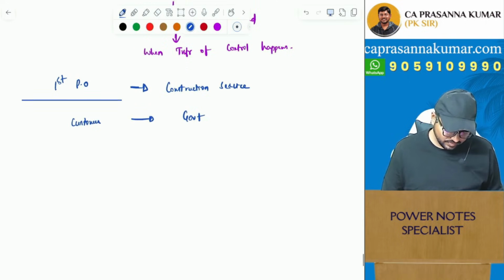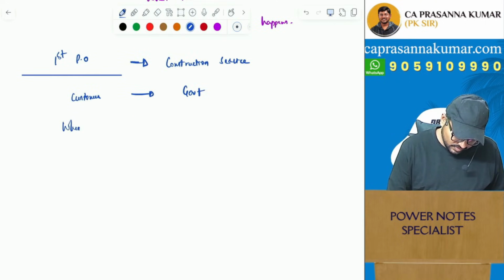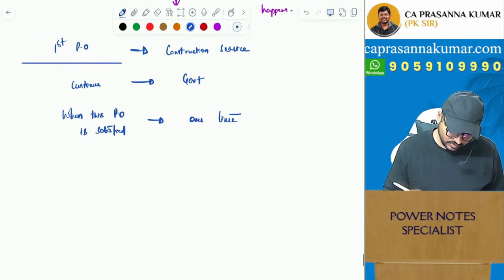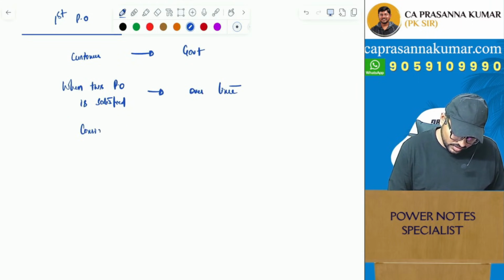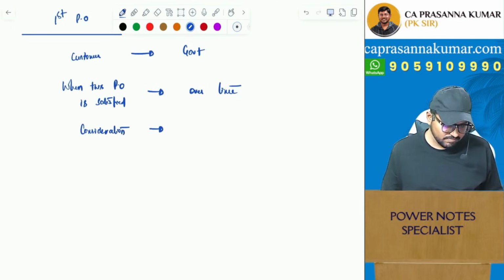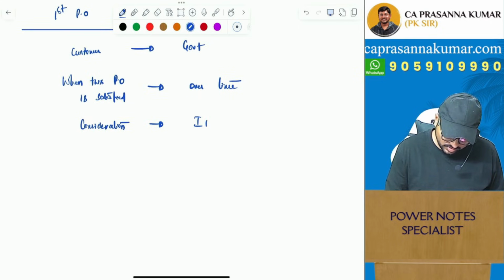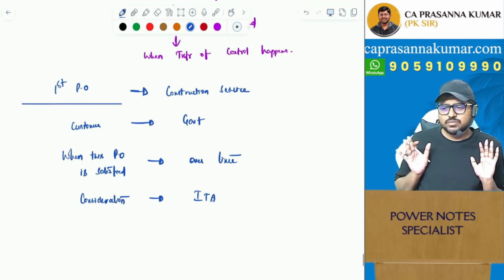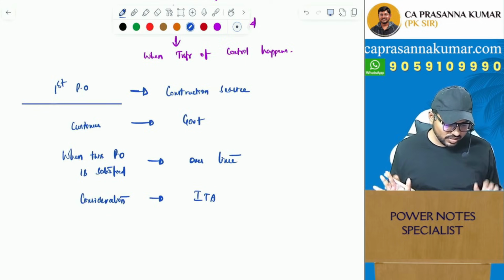So when this PO is satisfied, because only if it is satisfied you can recognize revenue, na? Over time, not at a point of time. Okay, what is the consideration in this case? For construction service, what is the consideration? Tangible asset. Very good. Till here it's clear. Any confusion? No. Very easy to understand.